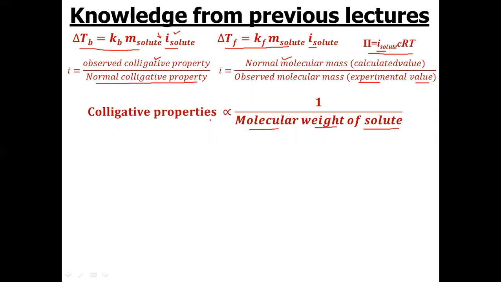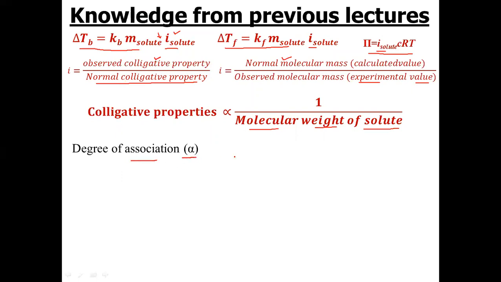We have already discussed this iota in detail, so I have kept the link of my lecture on colligative properties of electrolytes in the description section, so you can see there.